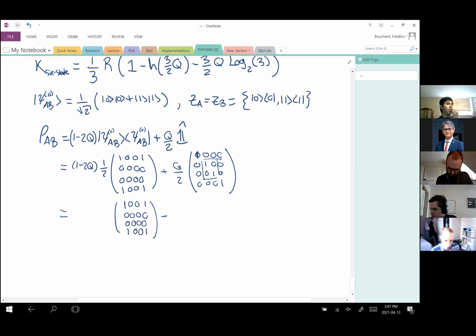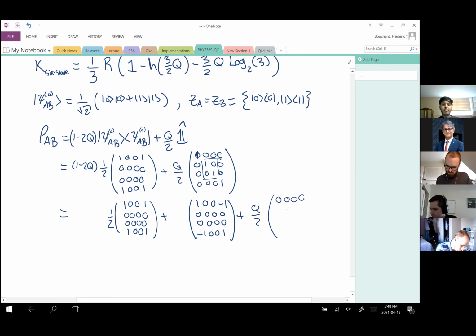Okay, so that's the psi plus state. And then we'll also write it in terms of the psi minus. Okay. And then we'll keep the rest. Okay. Now we basically just need to figure out what are the factors that we need to put there so that rho AB is equal to whatever we had before. So I'll just give it to you here.